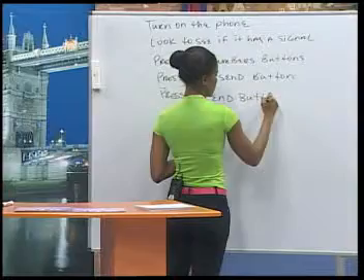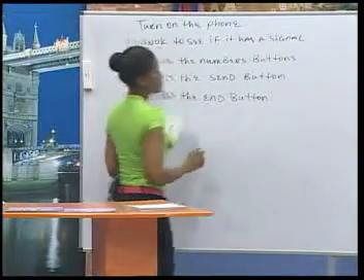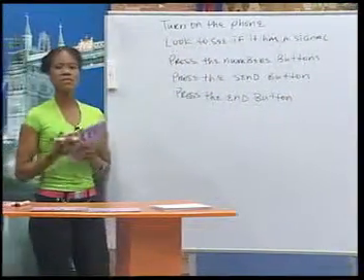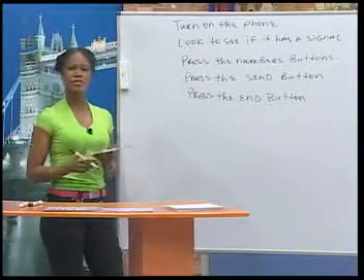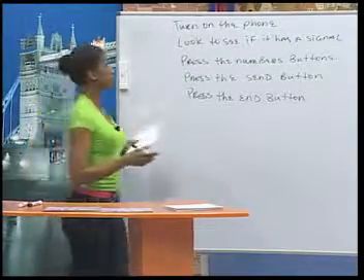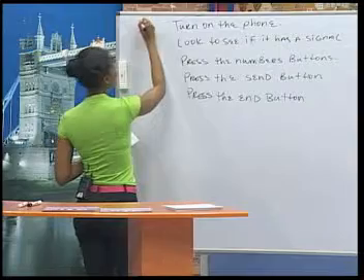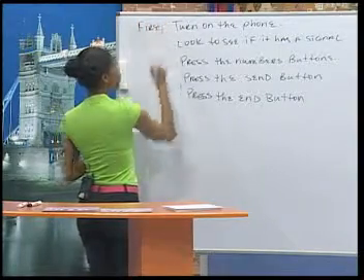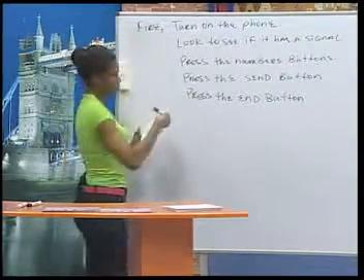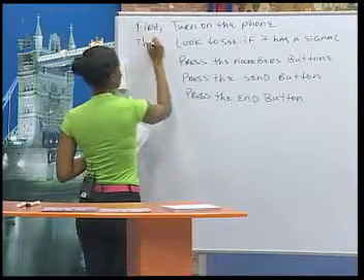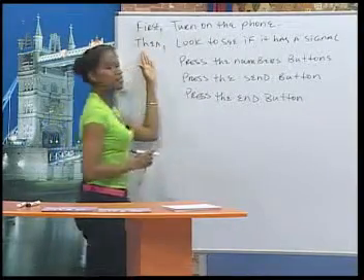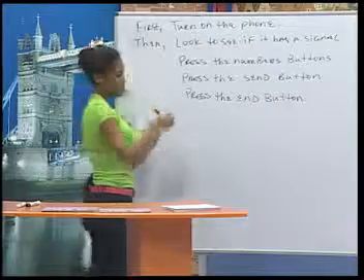Okay, thank you. So let's review Alberto's instructions for how to use a mobile phone. So he told us, first, turn on the phone. Then, look to see if it has a signal.